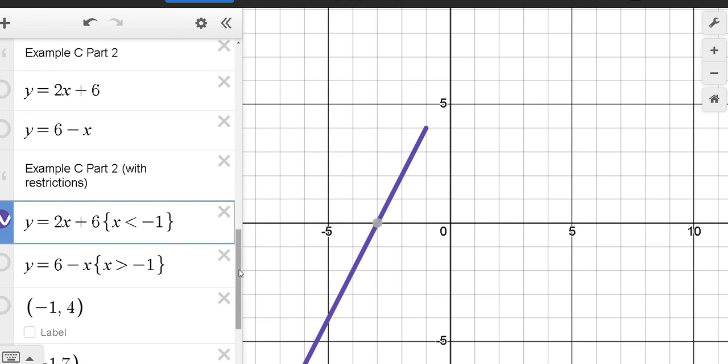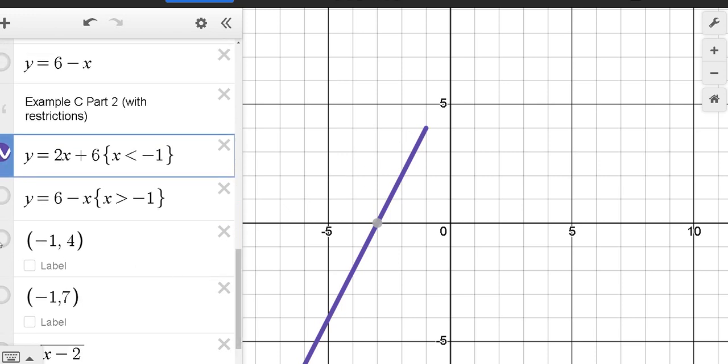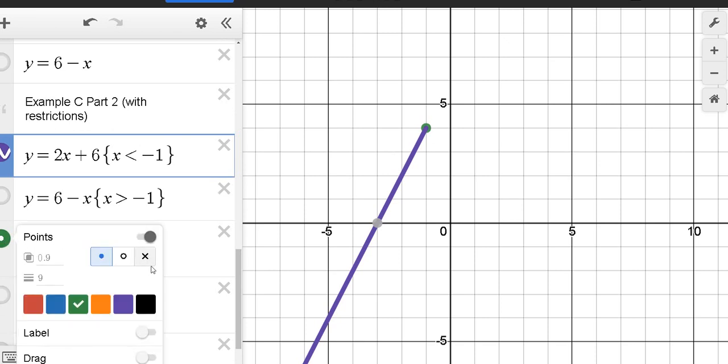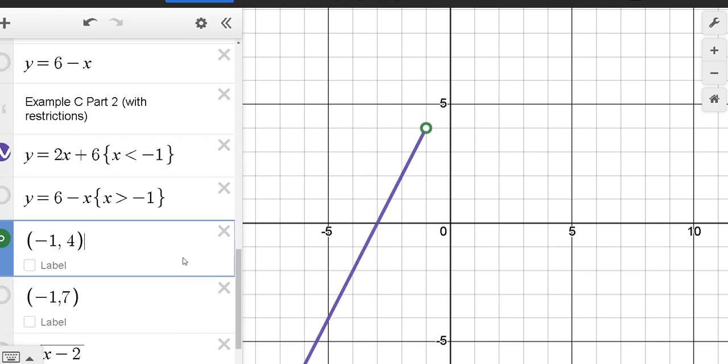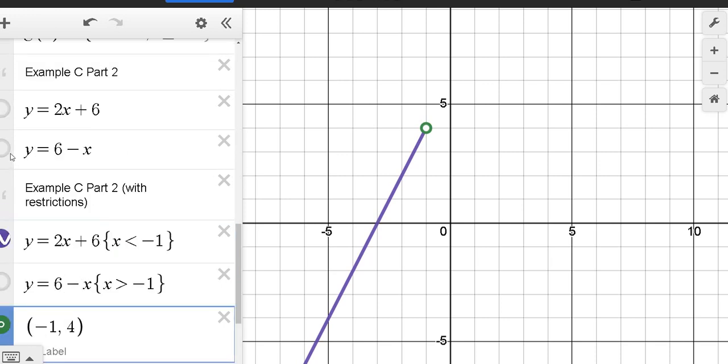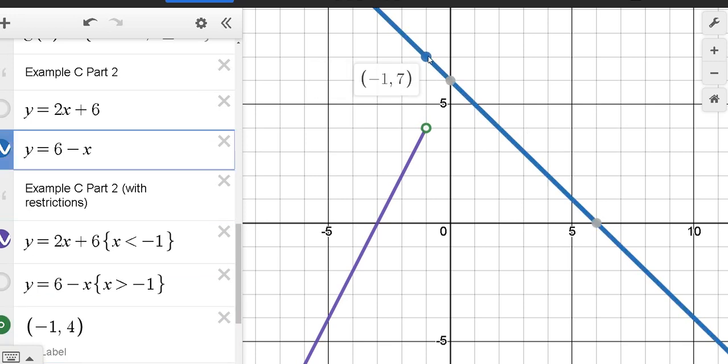Now, because I'm not including that endpoint, what do I need to put here? Open circle. Open circle. So you can actually do that with Desmos kind of nicely. Let's see, I just want to change that to an open circle. There you go. So that's an open circle. Now, for this graph right here, y equals 6 minus x, again, I only want part of this graph. I want to start here and throw out everything to the left of that.